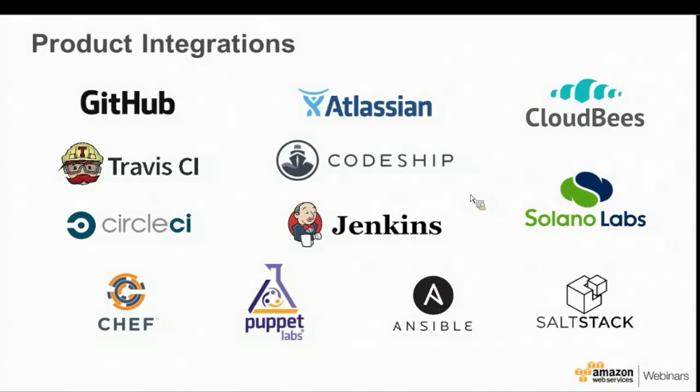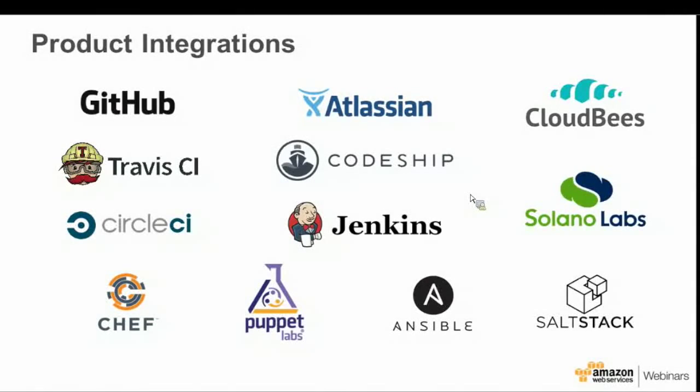Product integrations. Before I close out, I just want to make a call out. As I said way at the beginning of this talk, we really wanted CodeDeploy to be a flexible deployment system. We wanted it to be a building block that you could integrate with a lot of your existing processes. So we spent a fair amount of time before we launched working with partners and building our own integrations to make it easy to plug CodeDeploy into your own process.